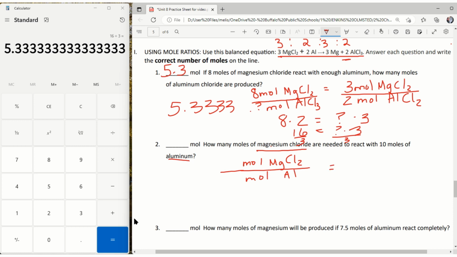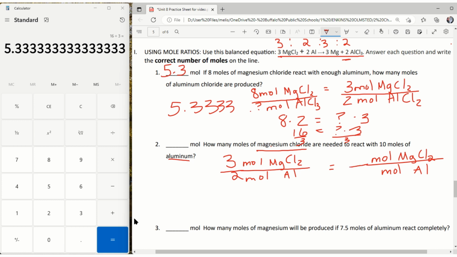And I'm going to set a ratio, right? Moles of magnesium chloride, moles of aluminum. I'm going to get 1 from the equation. So use the coefficients, 3 in front of magnesium chloride, 2 in front of aluminum.